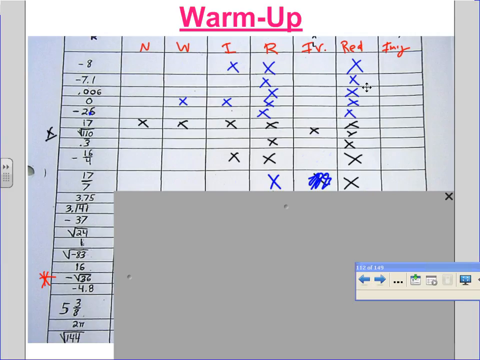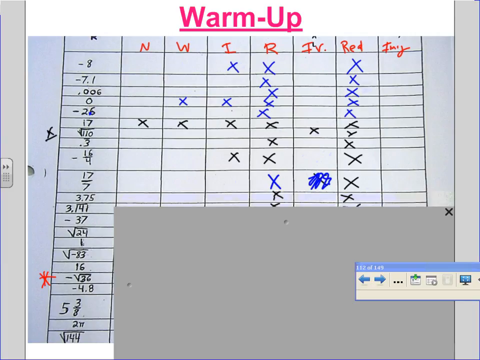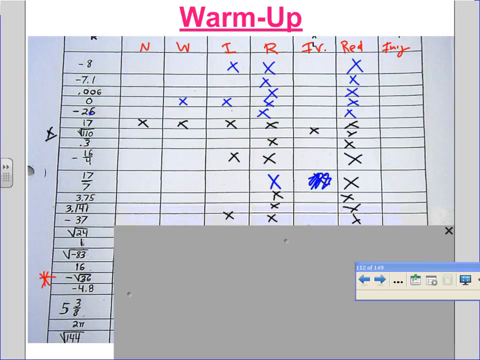3.75, Drew? Okay, well, you could tell us. 3.75, if it's a decimal. Good, rational, real. Next one is 3.141 repeating, rational, real. Next one is -37, integer, rational, real.